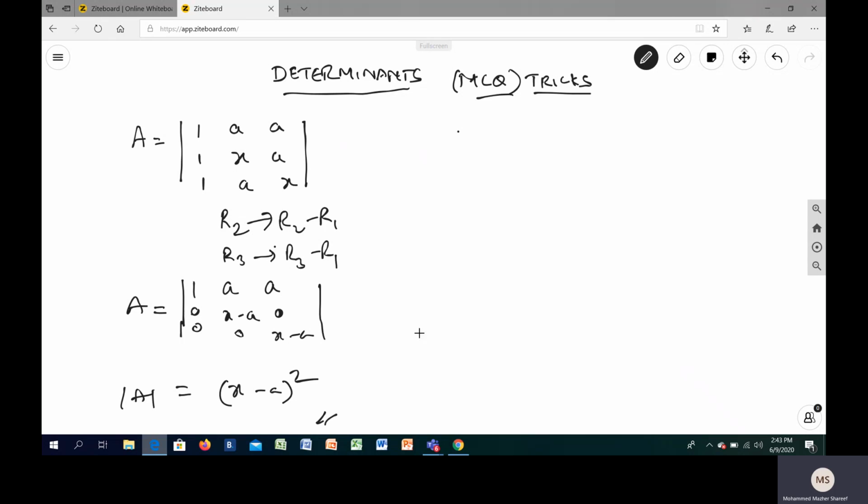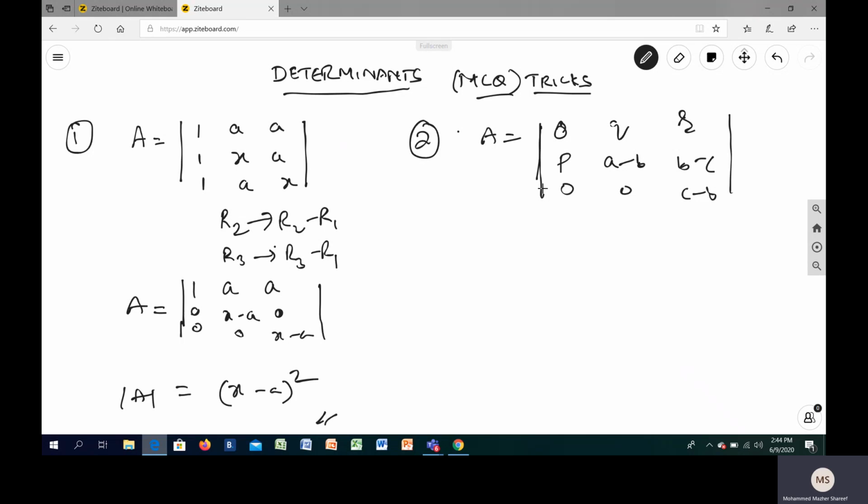With this we can solve any set of questions, provided you know how to do it. This was one example we did for elementary row operations. Let us take another example and check. If I have the entries 0, p, 0, q, a minus b, r, and then b minus c, 0, c minus b. Just try by yourself and check whether you get the zero formation over there.